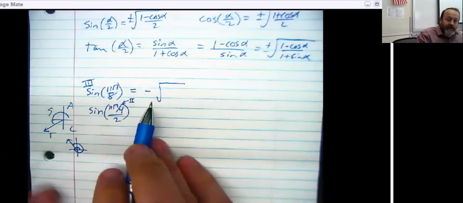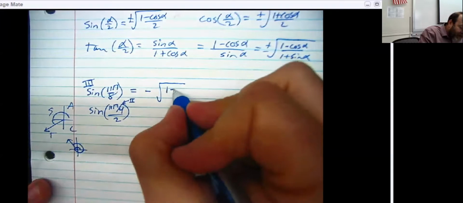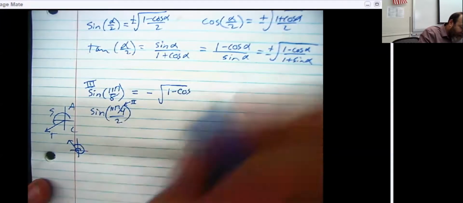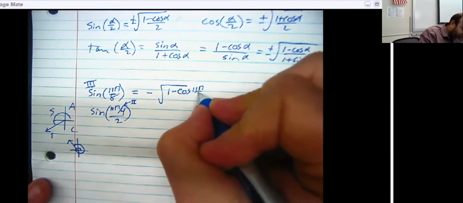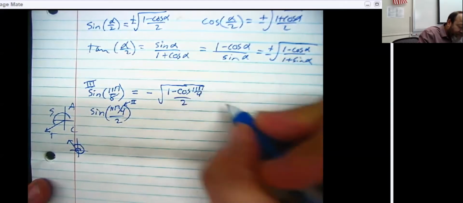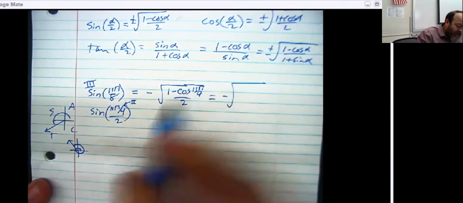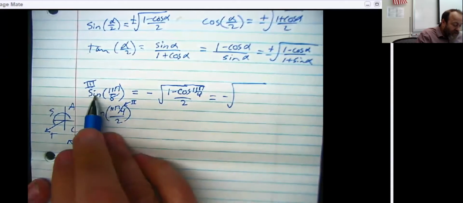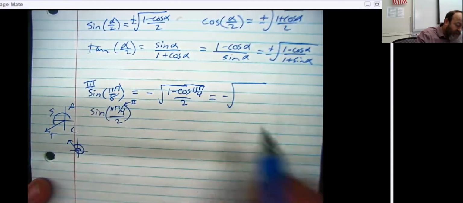So the formula for the sine says 1 minus the cosine of my half angle all over 2. And so notice this negative is here because I knew that the sign was negative, so I'm carrying that negative along.